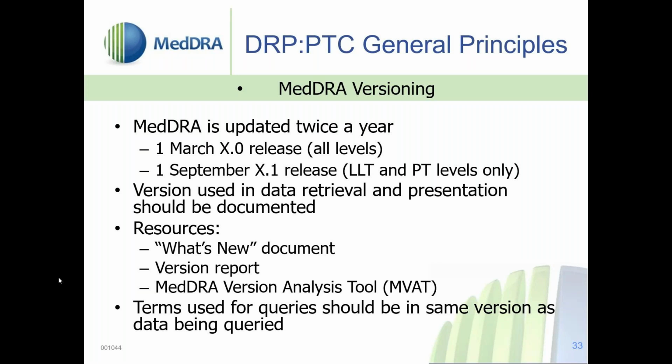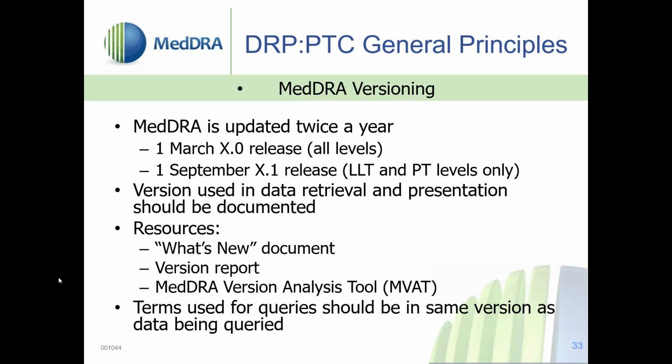Then there is a version report, which is part of every MedDRA version package. It is a spreadsheet which contains a summary table of the changes made and has separate tabs for example, new LLTs, new PTs. It has a tab for PT demotions, for LLT promotions. Then it shows all LLTs that changed PT linkage.